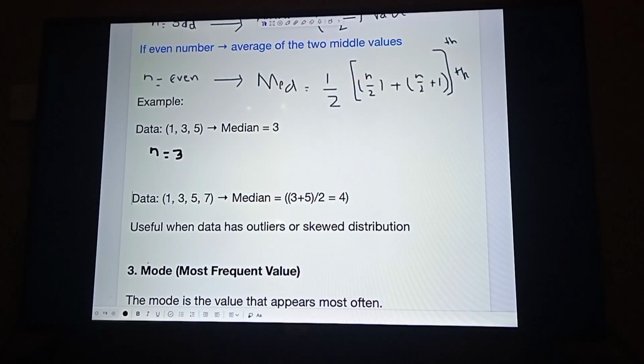It is already arranged, this data set is already arranged. So let's tabulate it. In the tabulation, first I want the serial number. So 3 values are here, 1, 2 and 3.